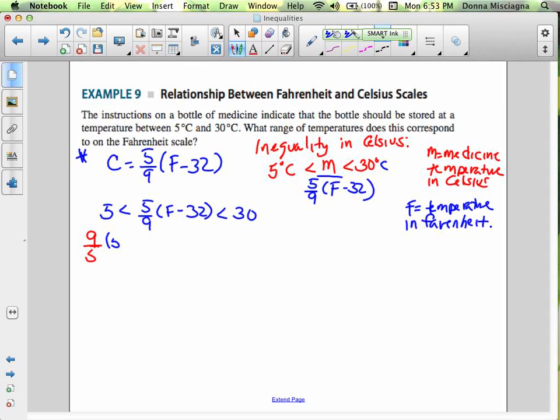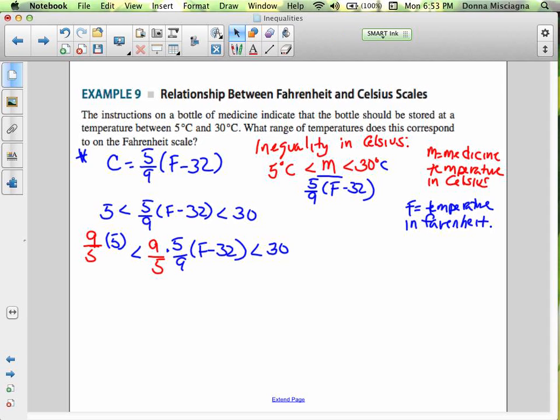So we're going to multiply the 5 by 9/5. And we're going to multiply the 5/9 times F minus 32 by 9/5. And we're going to multiply the 30 by 9/5.